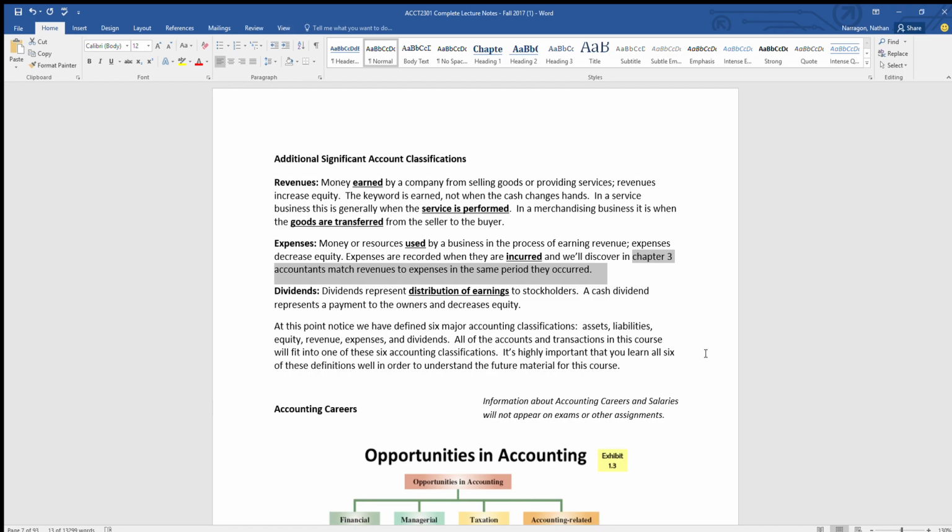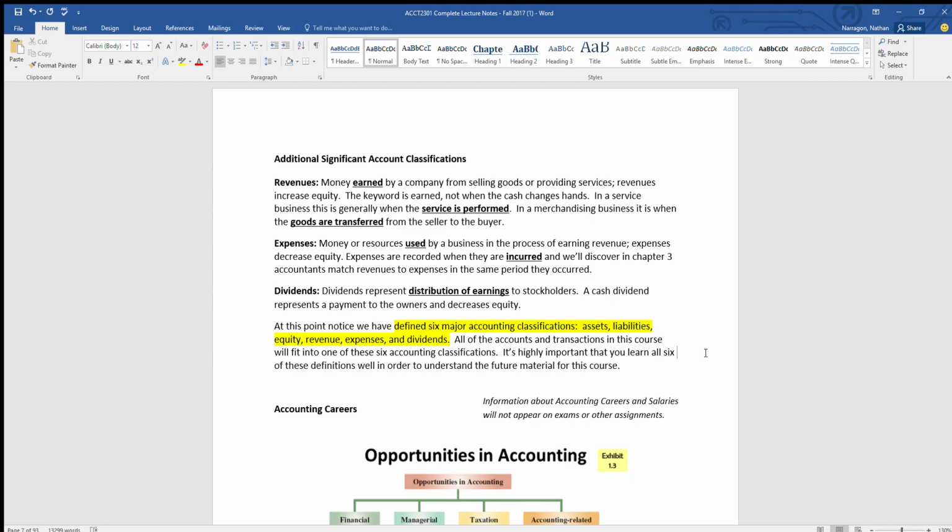So, you notice that there are 6 major accounting classifications. I would definitely know these because, again, Connect likes to use these classifications on everything. The classifications again are assets, liabilities, equity, revenue, expense, and dividends.